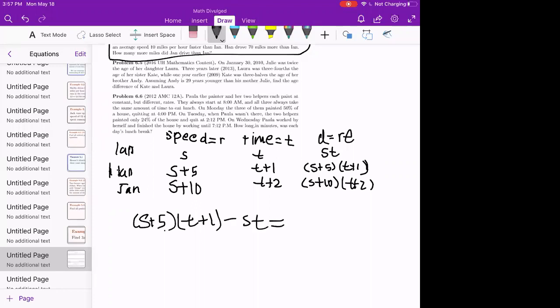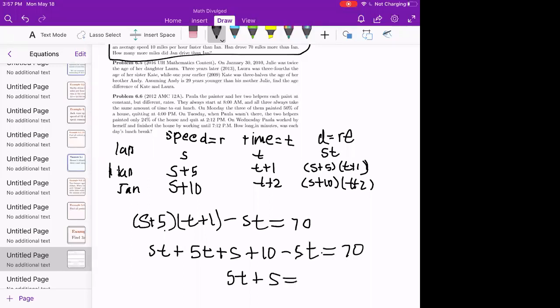Well, if we expand this out, this is st plus 5t plus s plus 10 minus st is equal to 70. So this just gives us 5t plus s is equal to 60.